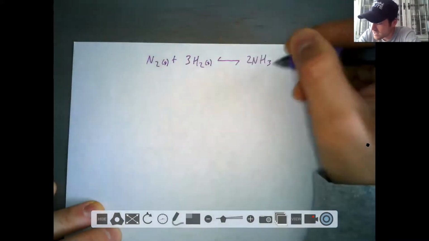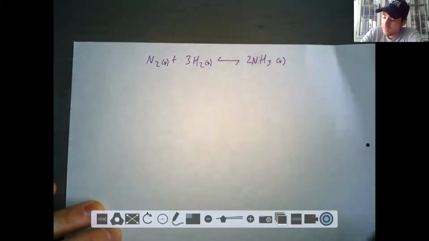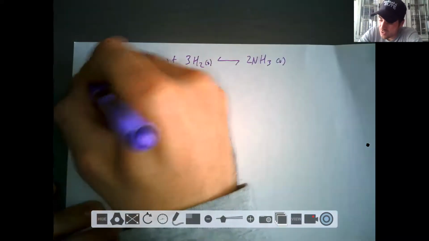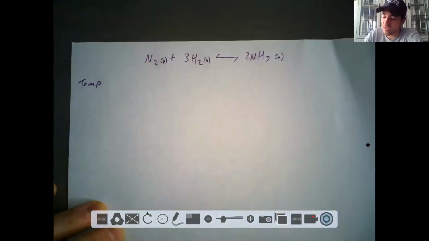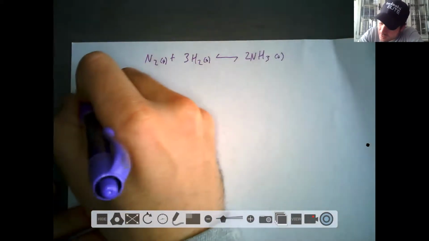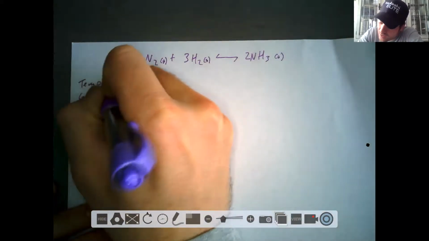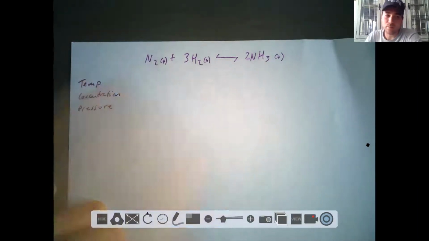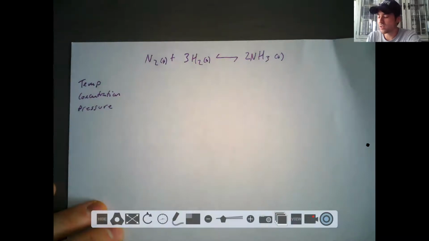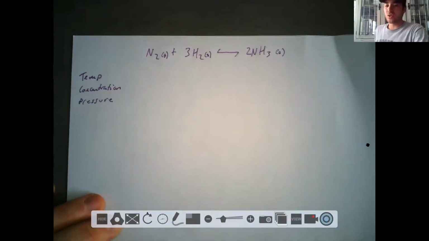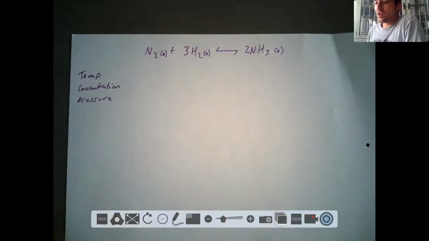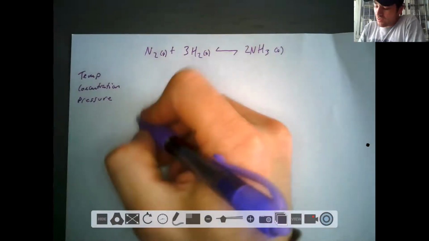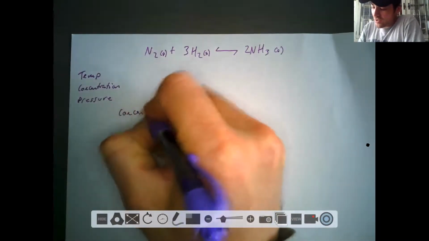These are all gases. And so we can look at temperature, that would cause it to be disturbed, concentration, and pressure. We'll look at those real quick just so you can understand how we're supposed to describe these changes. And so we can look at concentration first.